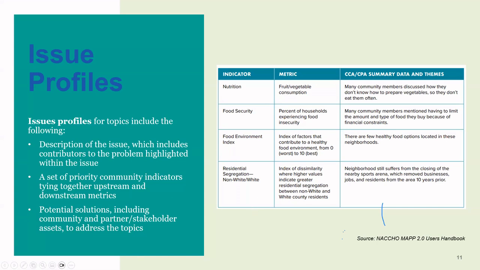I know that some of these metrics are big. So, acknowledging that percent of households experiencing food insecurity, because we're talking about such a large population in Cook County, is not going to be the only metric that you all would use within your individual work to track it. This is a long-term outcome metric.